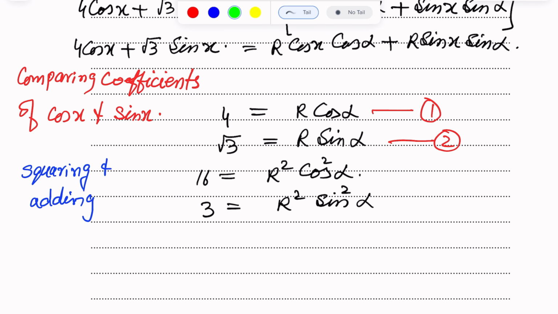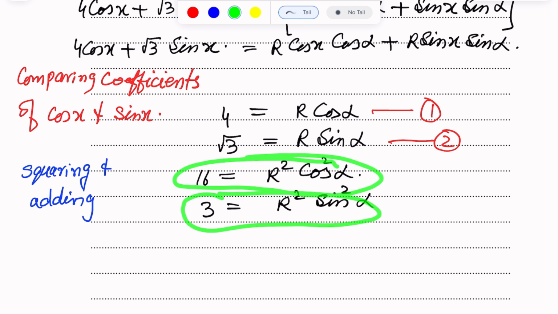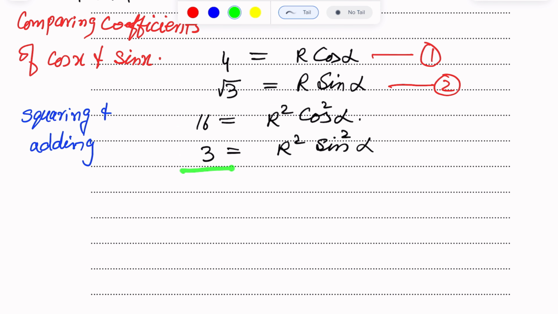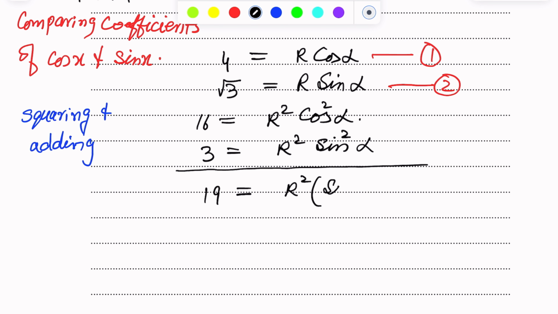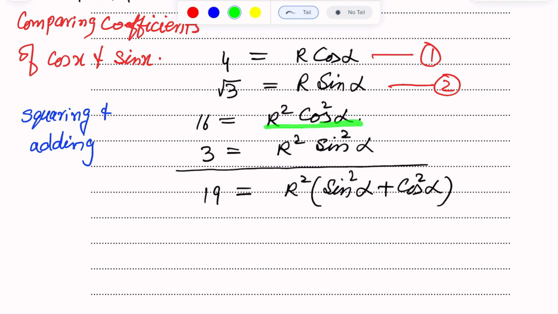Now we are adding these two equations. We get 16 plus 3, that is 19. On the right side r squared is common. We can write sin squared alpha plus cos squared alpha, because r squared is lying in both terms. We can take it common. Now sin squared alpha plus cos squared alpha, this is a very important identity. This is equal to 1, we know already.